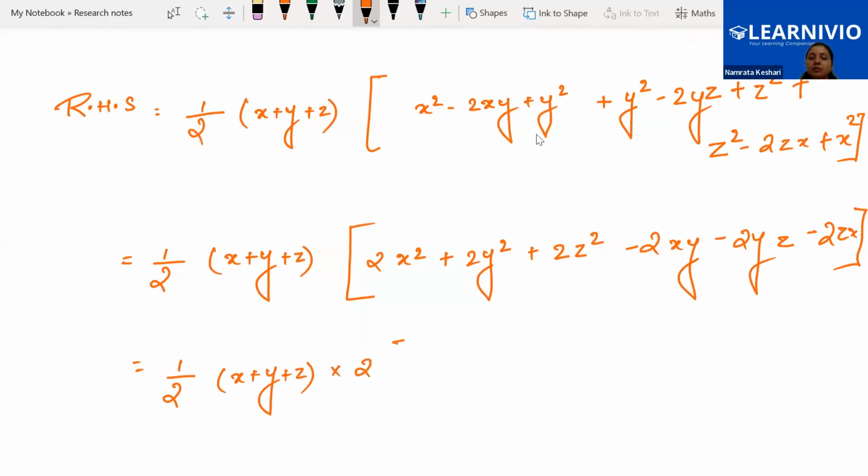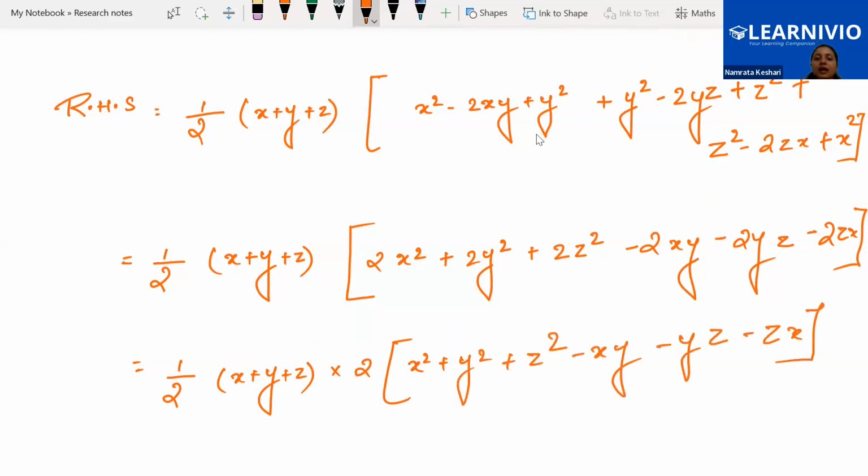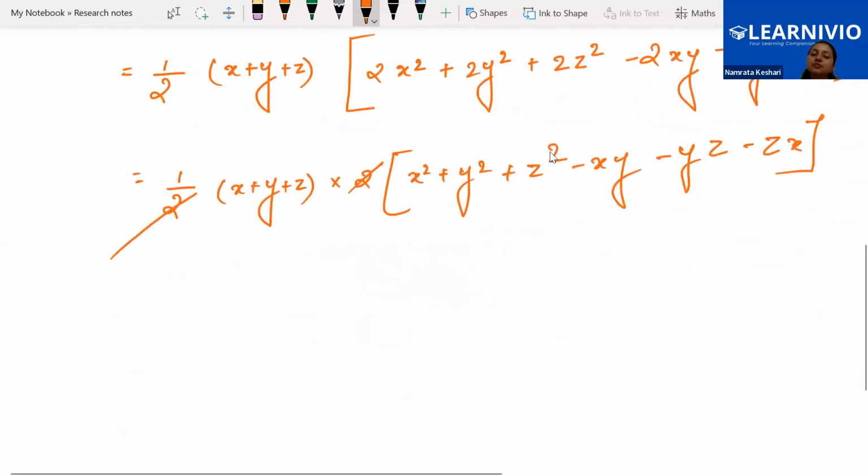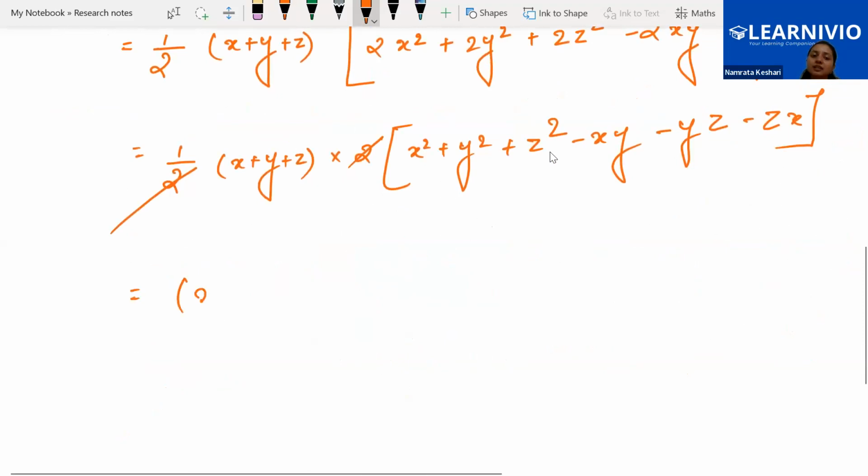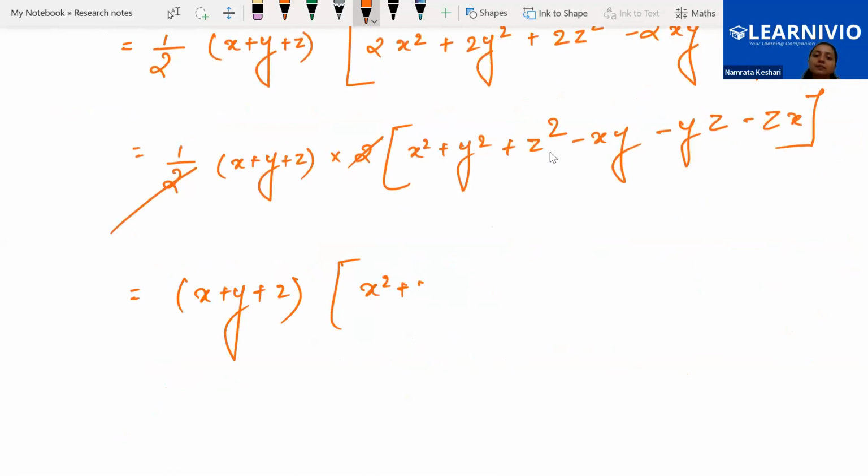We are left with x square plus y square plus z square minus xy minus yz minus zx, and the 2 which we have taken out common will get cancelled out with the denominator. So we are just left with x plus y plus z in one bracket, and in the other bracket x square plus y square plus z square minus xy minus yz minus zx. That's what we wanted to prove.